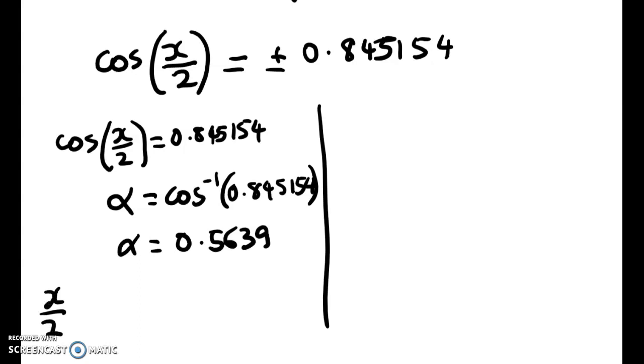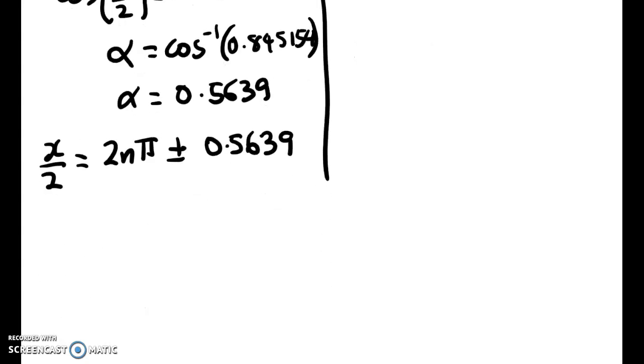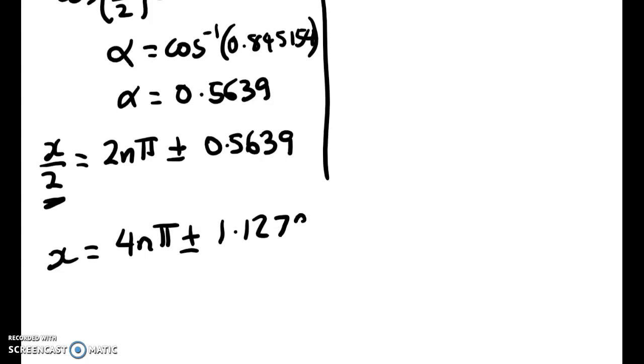We can now take this and pop it into our general solution formula. So x over 2 is equal to 2n pi plus or minus alpha. If you're not comfortable with this, go watch the video I've done, or lots of other people have done, on general solutions. The last step here is to multiply everything through by 2, because we want an answer for x. So it'll be x equals 4n pi plus or minus 1.1279.